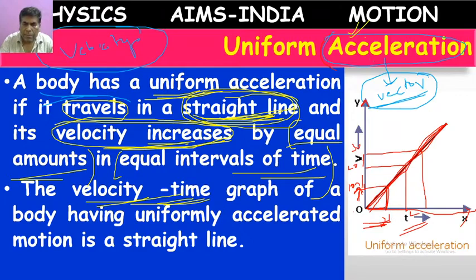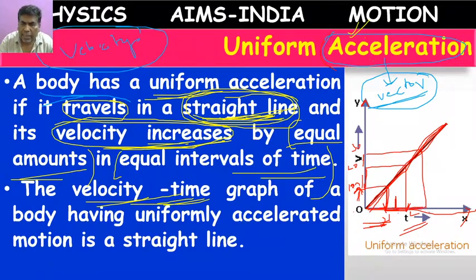Again, if we compare from first second to second second, not from 0, between these 2 seconds, what is the time interval? Again 1 second. Again in this 1 second, what happens to velocity? 10 to 20. Again 10 meter per second increased.